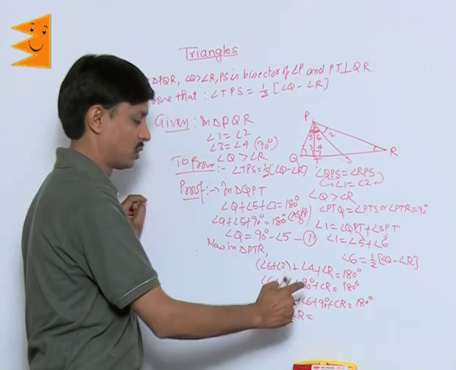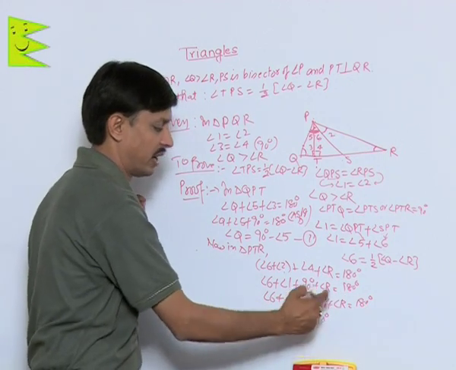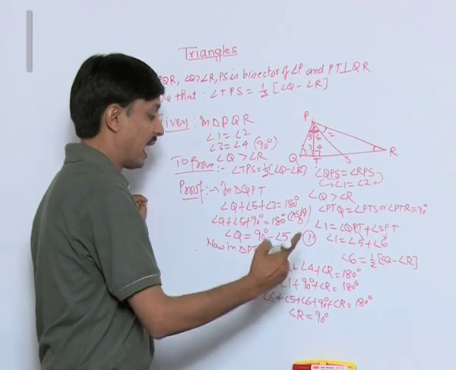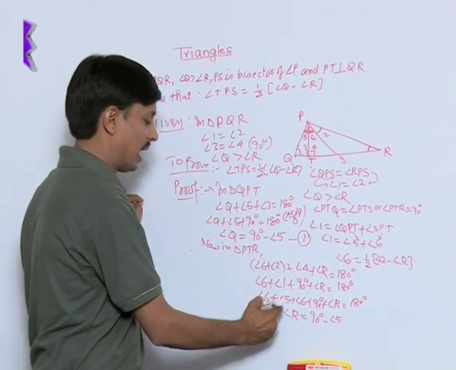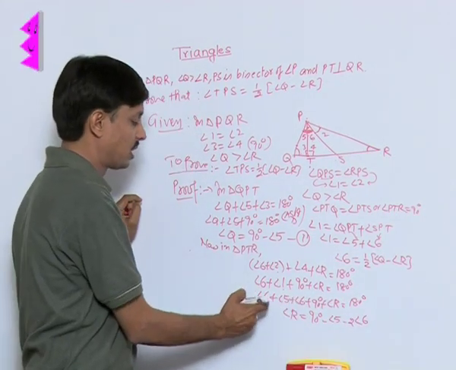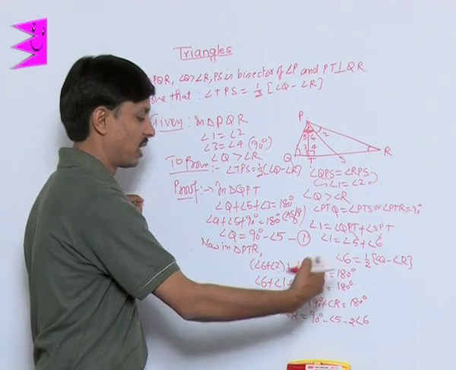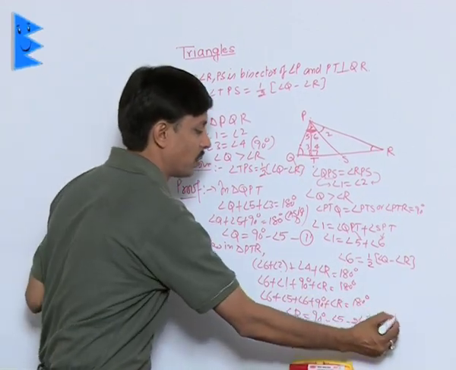Angle R is equal to, when I transfer 90 to the right hand side, 180 minus 90, which is 90 degrees. And what more will I get? Minus angle 5. And what more? Minus twice angle 6, because angle 6 plus angle 6 is twice angle 6. Transferred, they become negative. This is equation number 2.